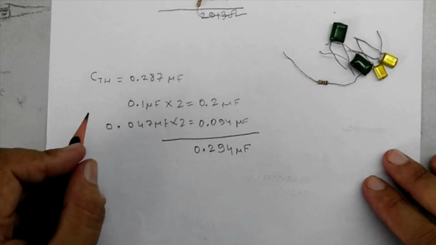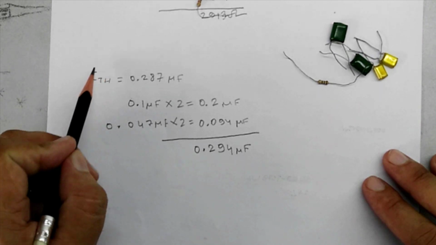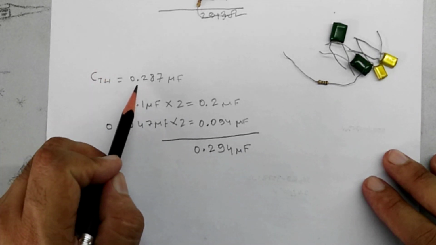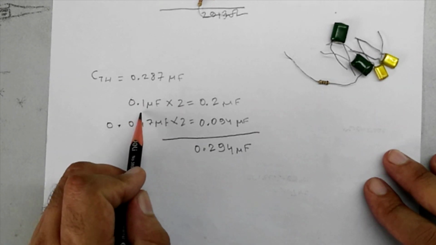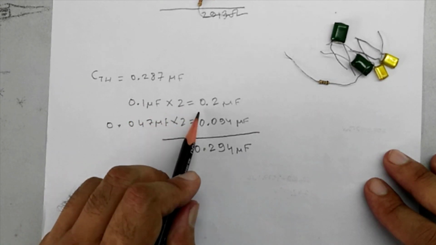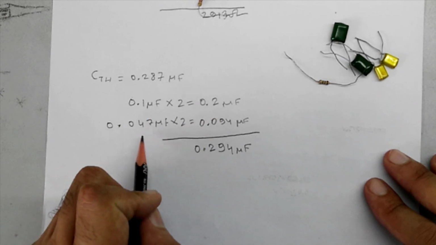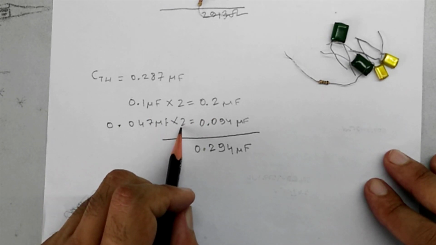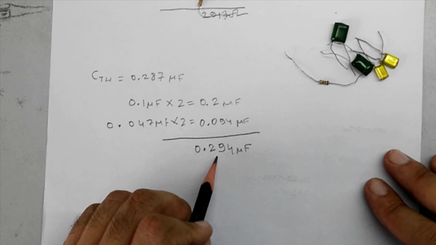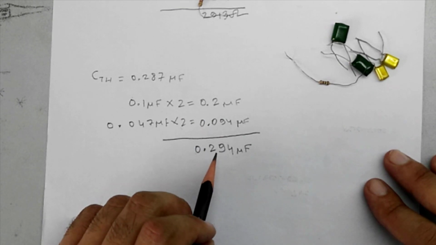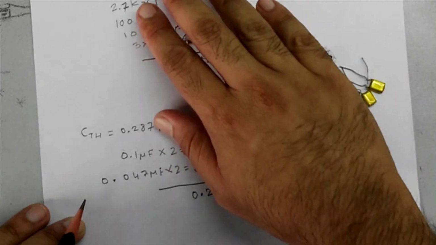Similarly, to get the Thevenin equivalent capacitance of 0.287 microfarad, we will use two 0.1 microfarad capacitors and two 0.047 microfarad capacitors, which will give us a combined capacitance of 0.294 microfarad. That is the closest we can get.